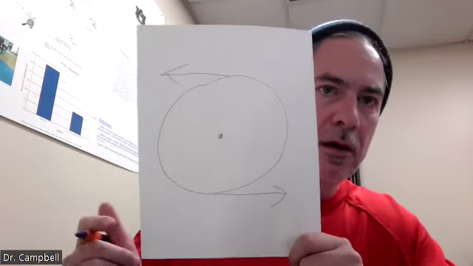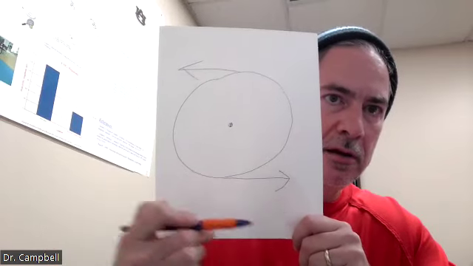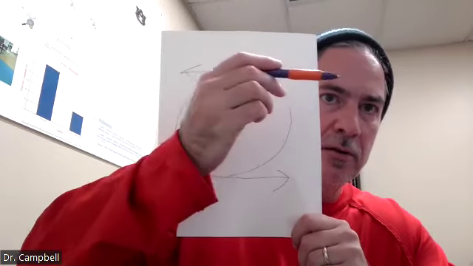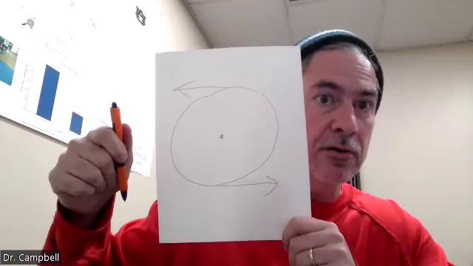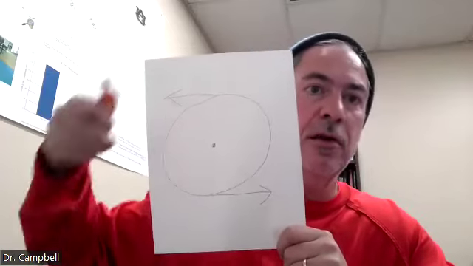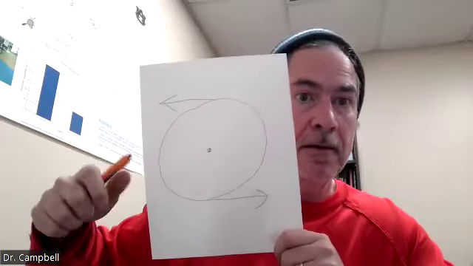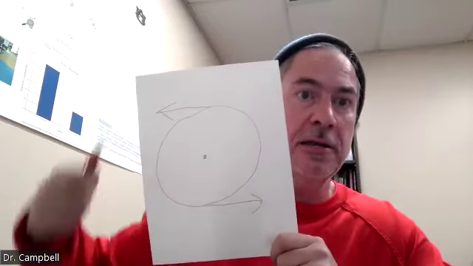So here's the merry-go-round, here's the axis. You have one person on one end pulling this way, the other person on the other end pulling the exact opposite direction. But notice the linear force is opposite, but the rotation is the same. They're both trying to spin the merry-go-round the same way. The torque is the same.